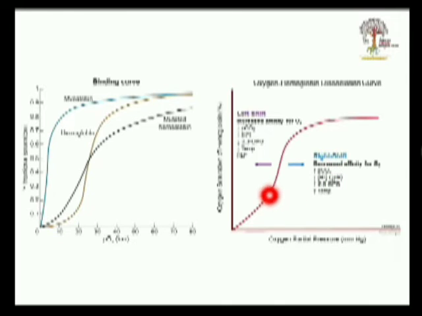But when the external factors like carbon dioxide, 2,3 BPG concentration, temperature as well as hydrogen ion concentration are decreased or lower in concentration, and the pH of blood remains high, then this curve will shift to the left, and the affinity of oxygen for the hemoglobin will be increased.